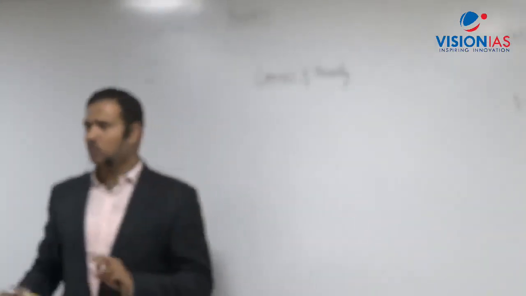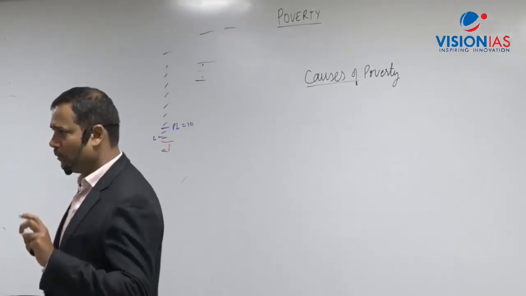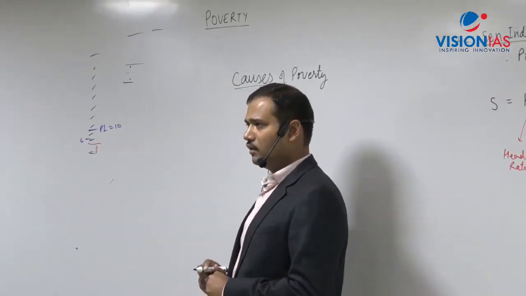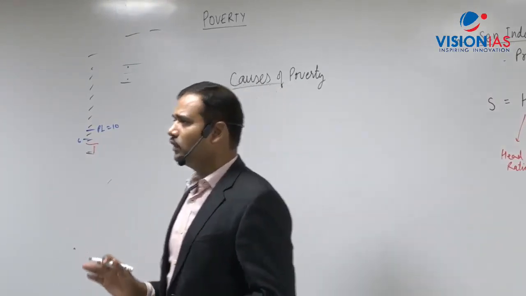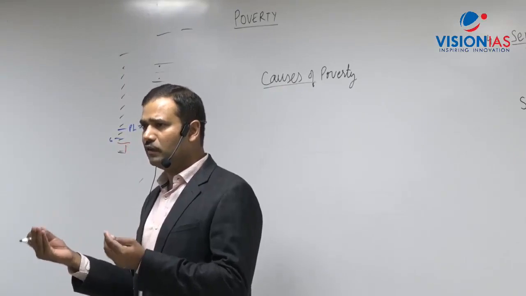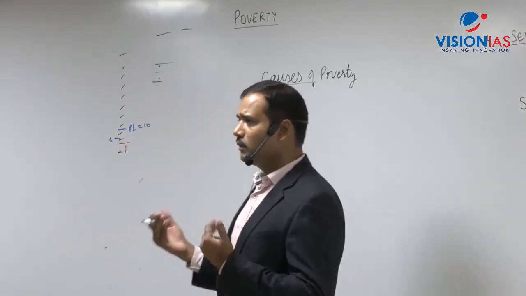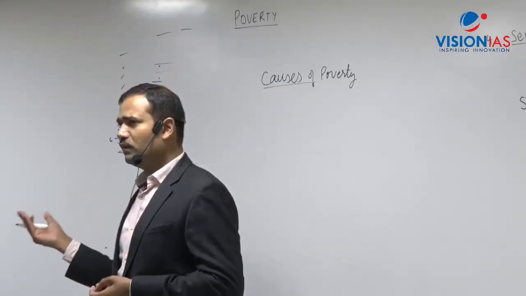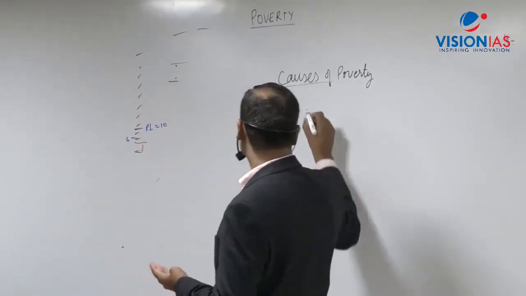Can we say the causes are similar to those of unemployment and inequalities? Unemployment is one reason for poverty or not? If people are employed, they can at least get basic amenities. So unemployment is a cause. Similarly, the reasons of inequalities are also the reasons of poverty. So the same reasons.